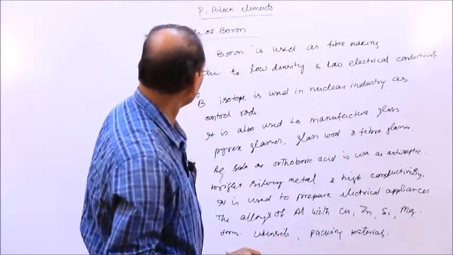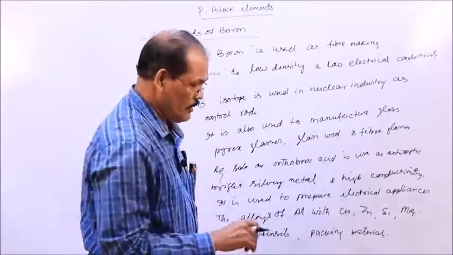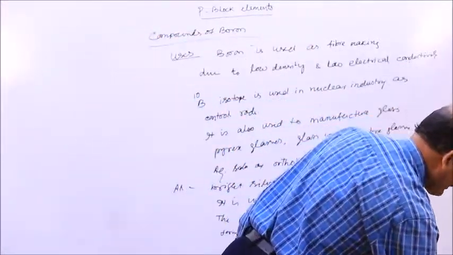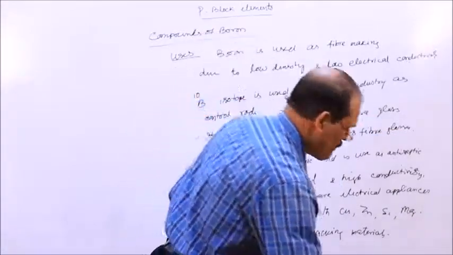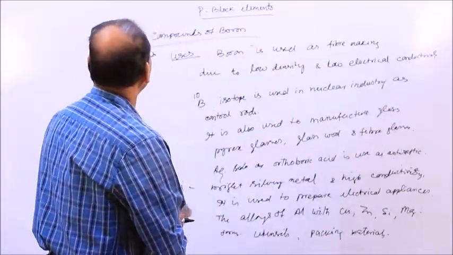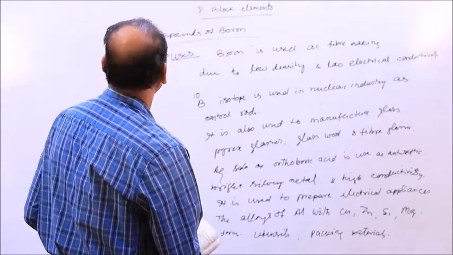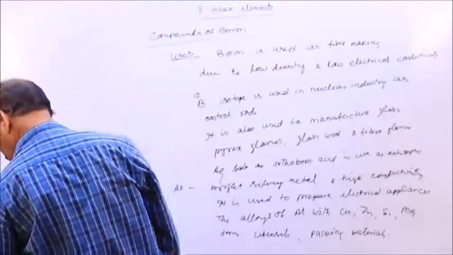This much is of the group 13 elements, the boron family, and we have discussed the compounds of boron and aluminum.